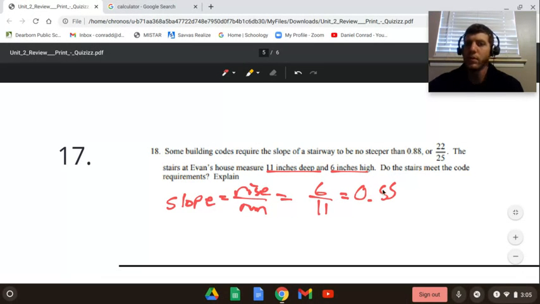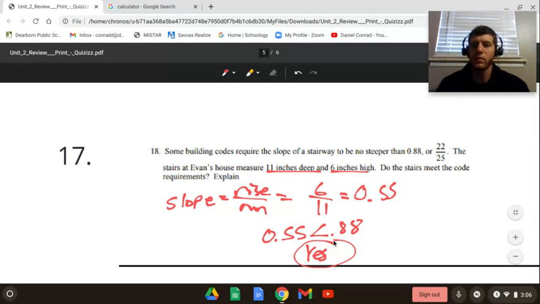All right, so it wants no steeper than 0.88, which is pretty steep for a stairway. Ours is less than though, right? 0.55 is less than 0.88. So yes, we meet code. Our slope is less than the required slope.